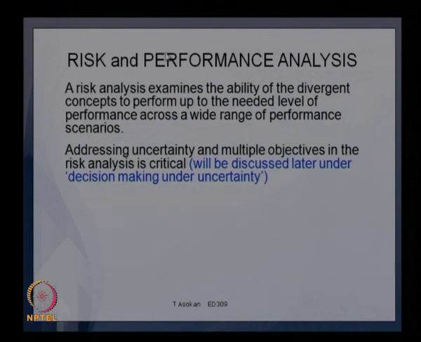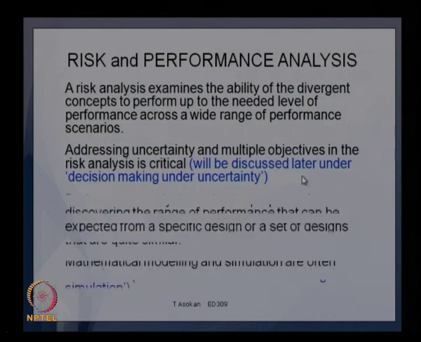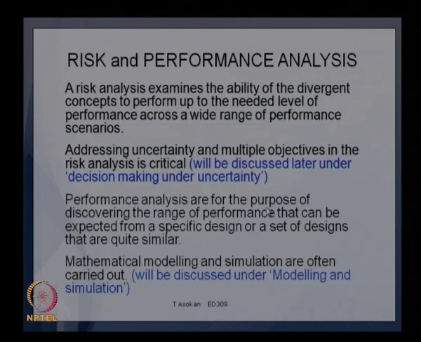Another one is the performance analysis for identifying the system performance, which we will discuss during the modeling and simulation lecture. Both will be discussed at a later stage, so the risk and performance analysis is not covered in this lecture.